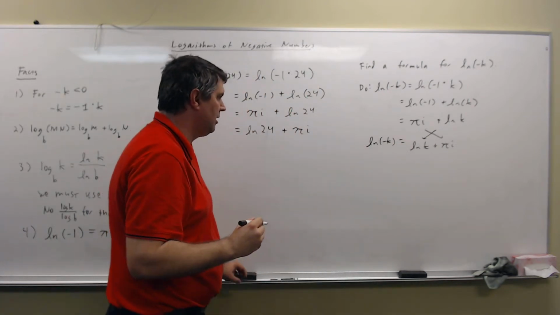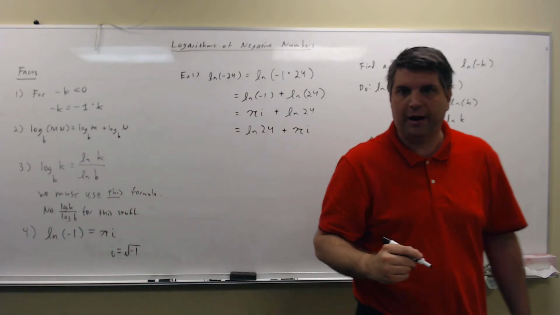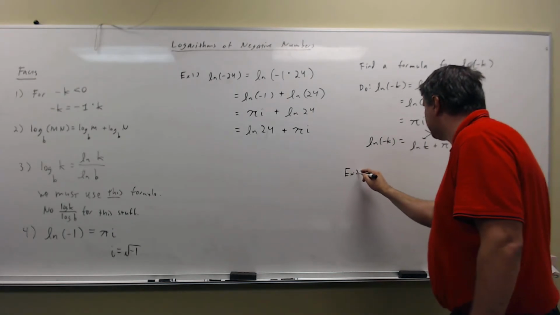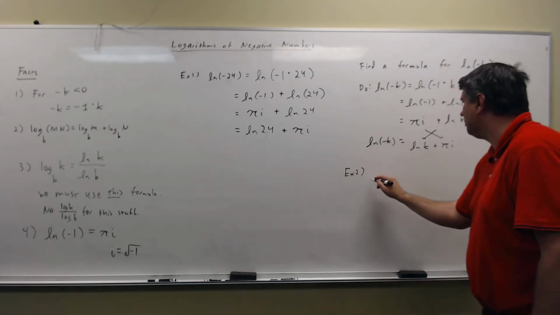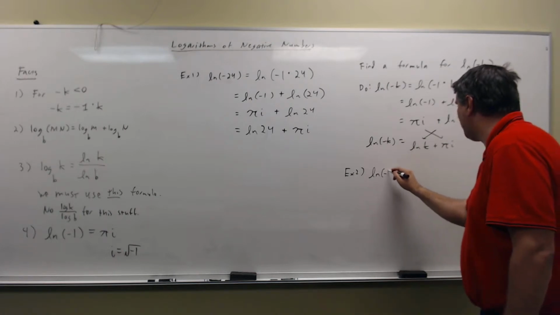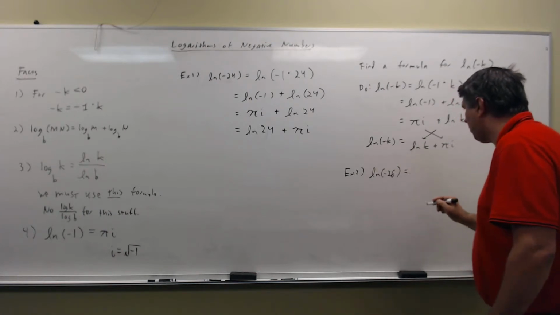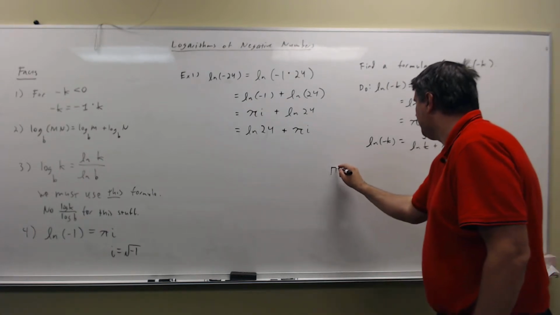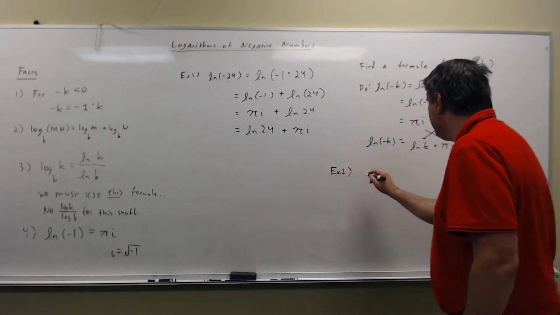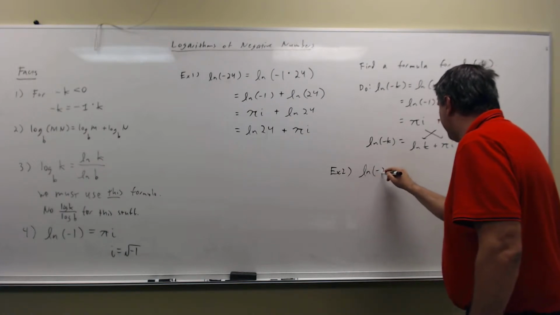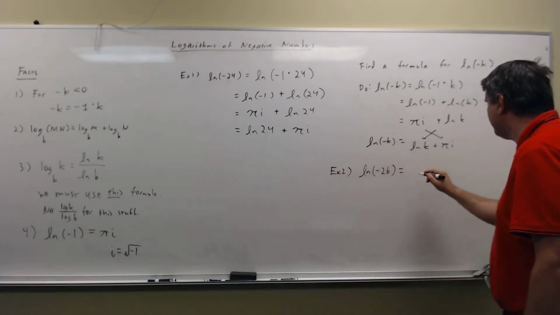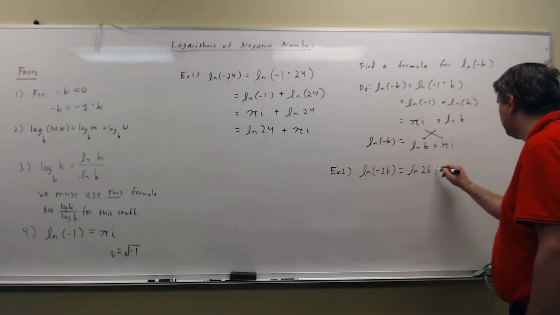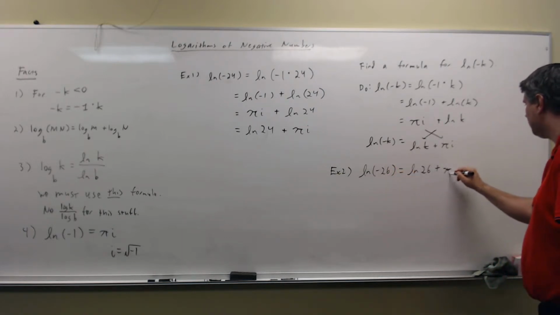So, let's do an example 2. There's going to be an example 3 momentarily. Example 2, natural log of negative 26 is simply the natural log of positive 26 plus pi i.